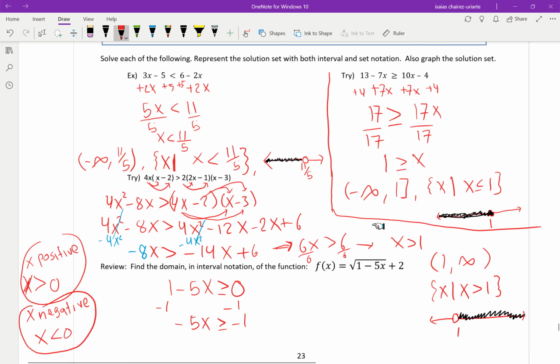Okay, and then the next thing I'm gonna do is divide by negative 5. Both sides get divided by negative 5. But be careful at that point. Since we're dividing by something negative, the inequality sign is going to flip.